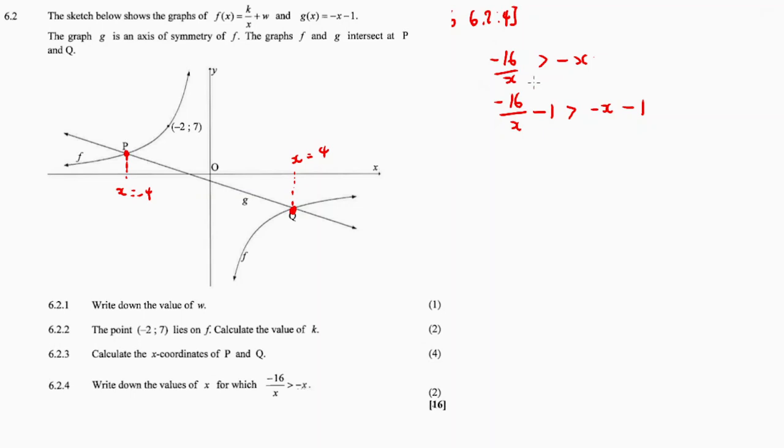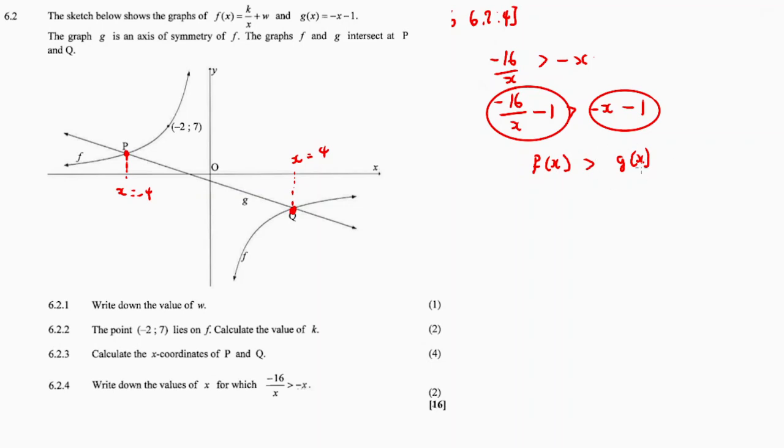Now I can make some comments or draw some conclusions if I write the statement this way. In essence, it's basically f of x greater than g of x. I want where f of x is bigger than g of x.